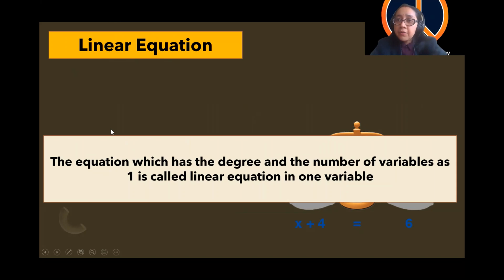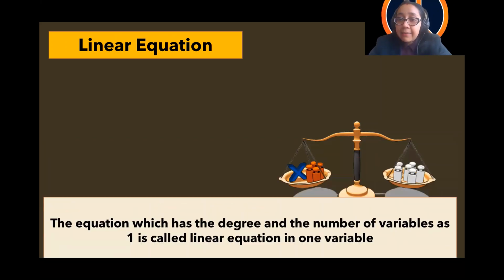For example, an equation which has degree 1 and the number of variables as 1, we call it a linear equation in one variable. So see here, we write linear equation means degree has to be 1, and it is written one variable. That means it has only one unknown quantity. It can be any unknown letter.